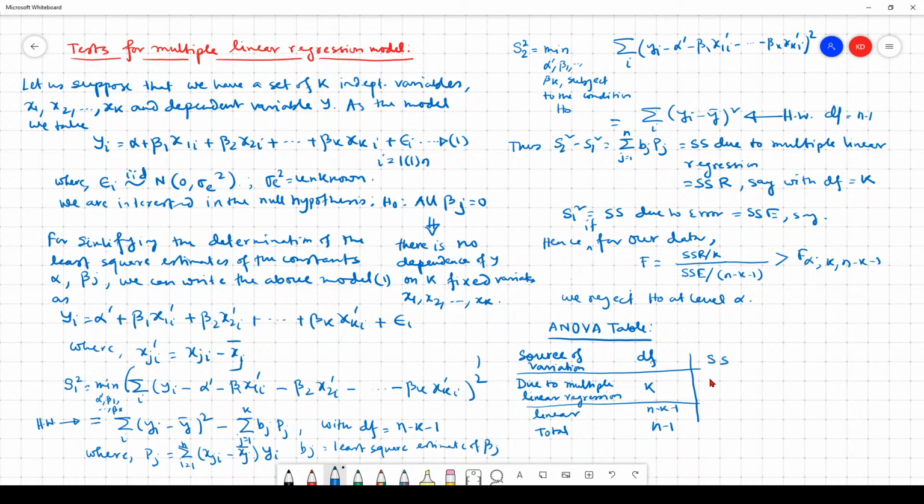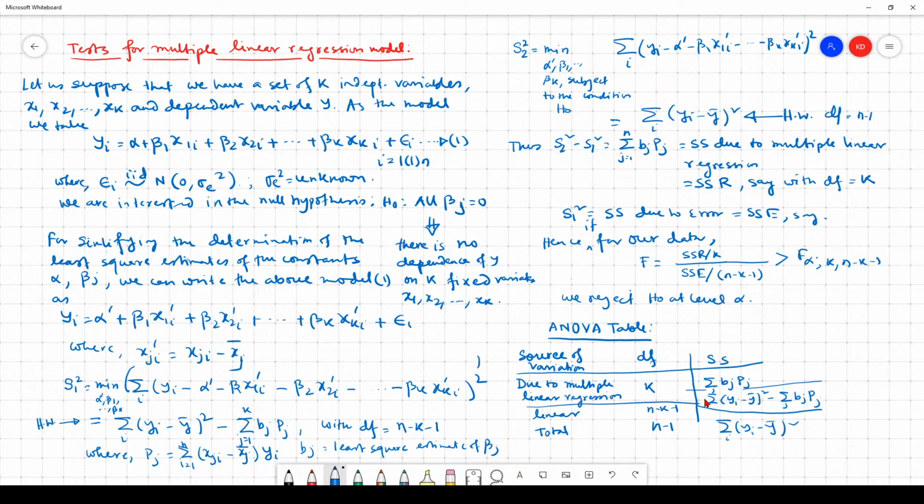The sum of squares: for multiple linear regression, it is sum over j of bj Pj. For the other source, it is sum over i of yi minus y bar whole square minus sum over j of bj Pj. And the total is sum over i of yi minus y bar whole square.